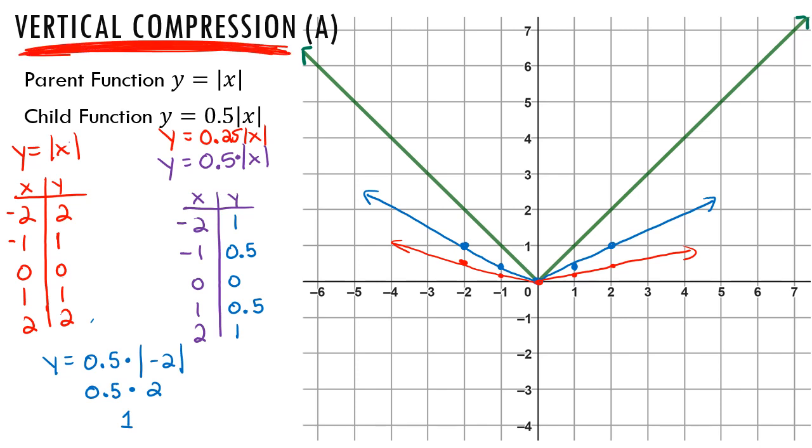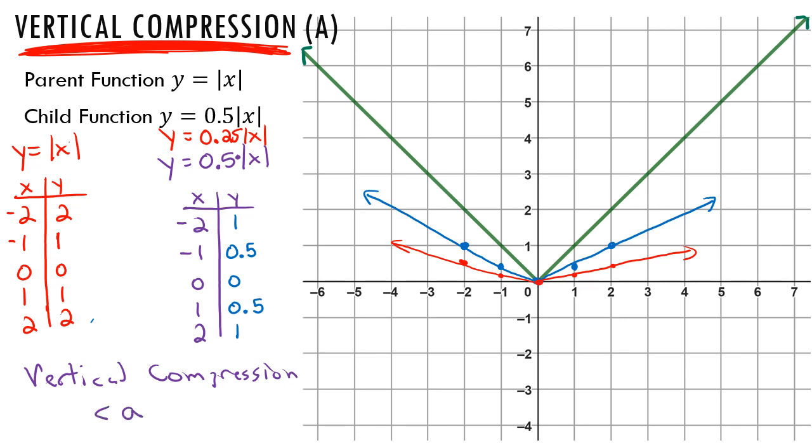It's a vertical compression when the a value is between 0 and 1.